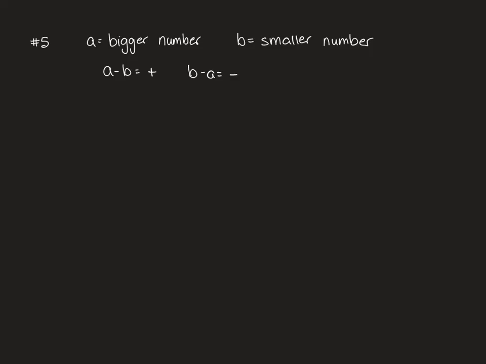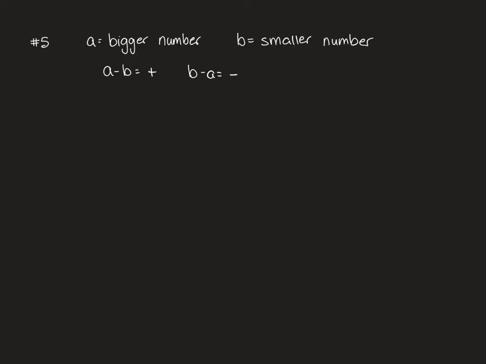Question number 5 has slightly confusing numbers or instructions. But basically what they're saying, they've got a minus b and b minus a are opposite integers because it equals 0.